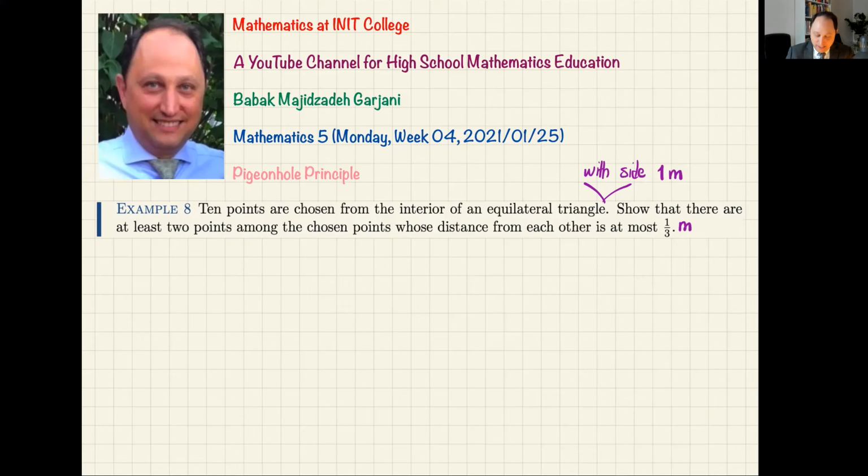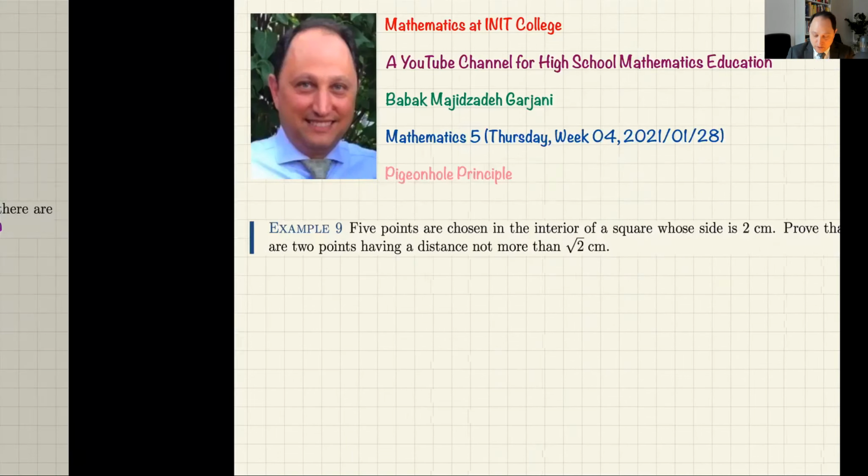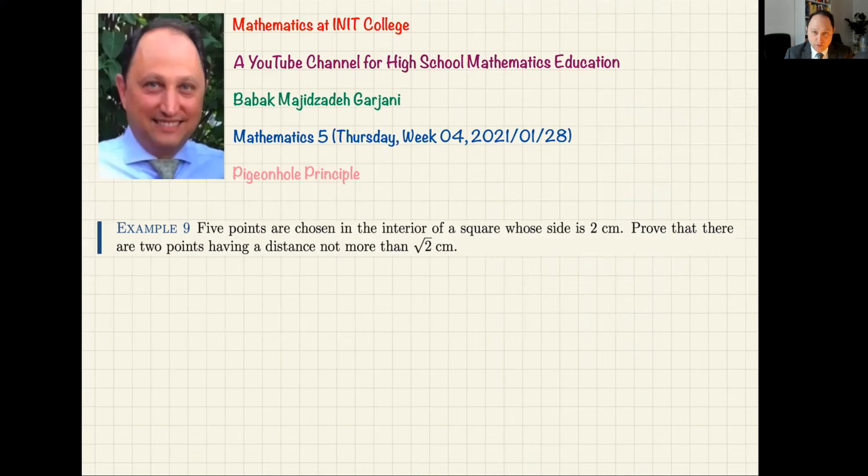So now that we are here, if you don't mind, let me solve the next problem. I think the geometry of the next problem is a little bit simpler, which is the new problem. Then I will go back to this problem. So let me read this one. Hopefully I have done this correctly. 5 points are chosen in the interior of a square whose side is 2 centimeters.